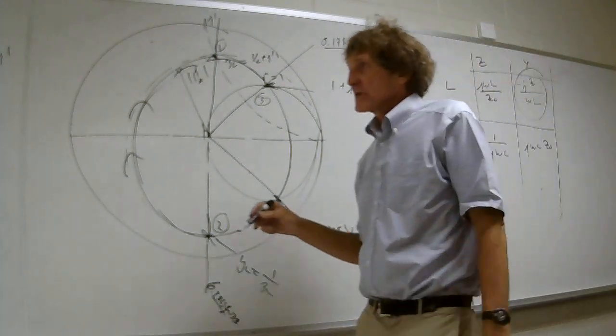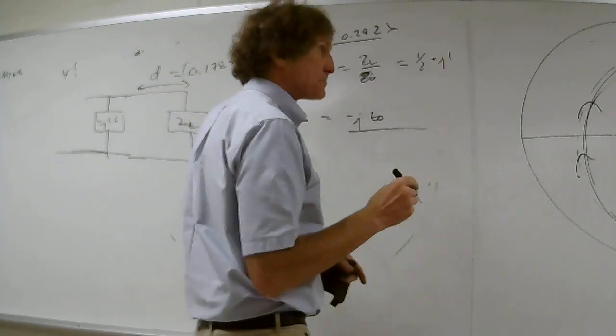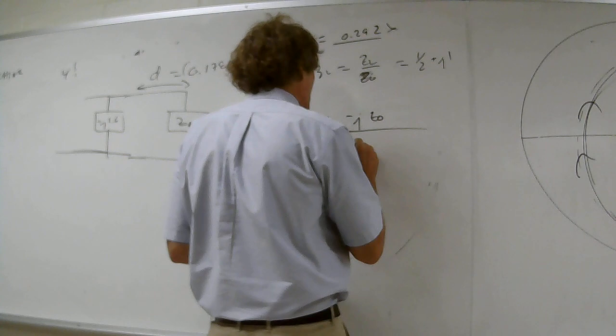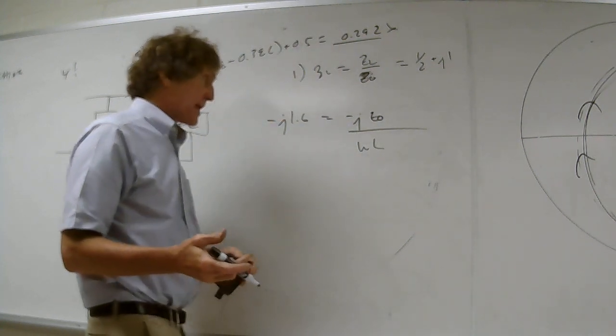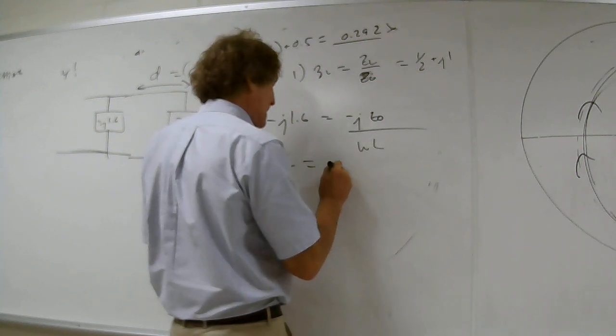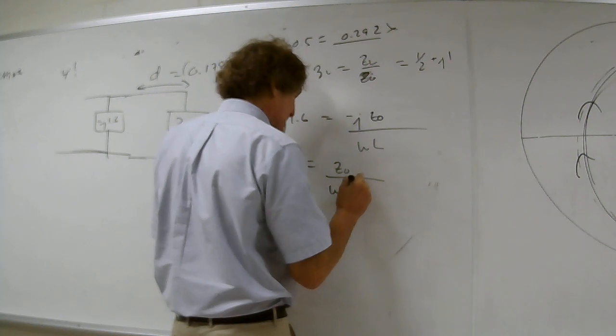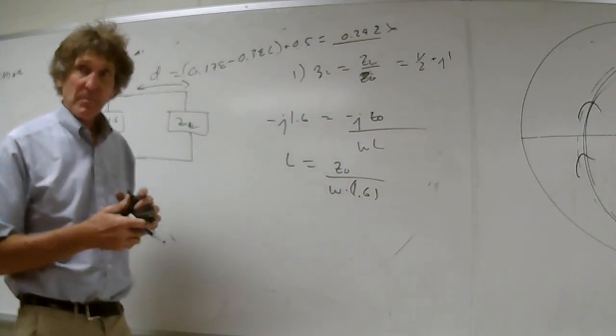I come over here and I say minus J 1.6, that's the normalized admittance I need, is equal to minus J, and this is going to be Z naught, whatever that is, over omega L. And you can calculate L from there. Obviously, you can see L is going to be equal to Z naught over omega times 1.6. Y'all with me? That's in parallel.